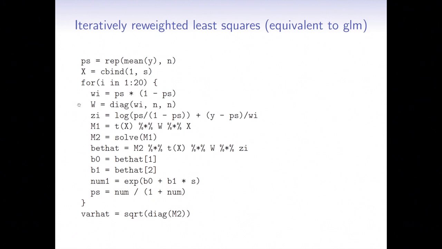I specify my weighting matrix. I calculate my Z, the transformed response, and here I fit the weighted least squares, and I update my solution, and I calculate my new probabilities, and that story goes on 20 times. And you will see that normally after 4 or 5 times nothing is actually changing anymore. And at the end I'm calculating the variance covariance matrix.